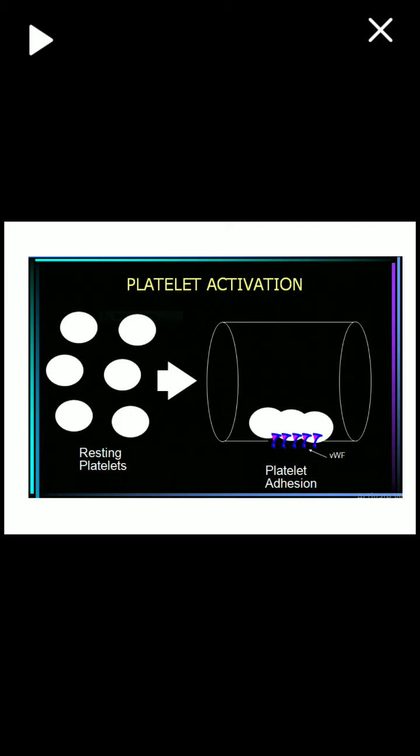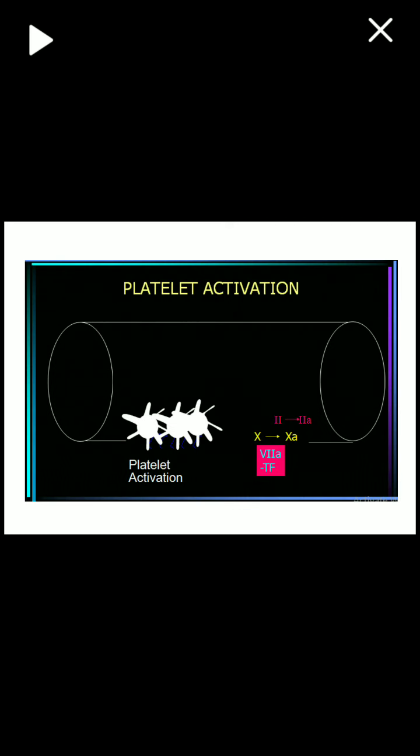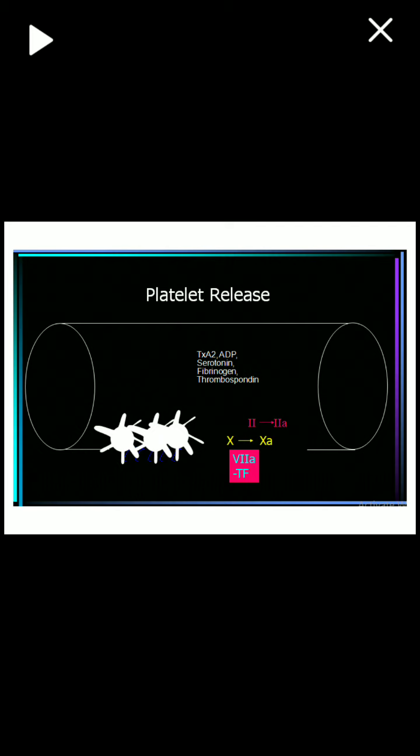Here the resting platelets come and adhere to the site of injury, called platelet adhesion. This is a vessel wall. Then initial thrombin formation, that is secondary, that is activation of the coagulation pathway. All the coagulation factors come and the clot formation occurs, called thrombin formation. Platelet activation, platelet release reaction.